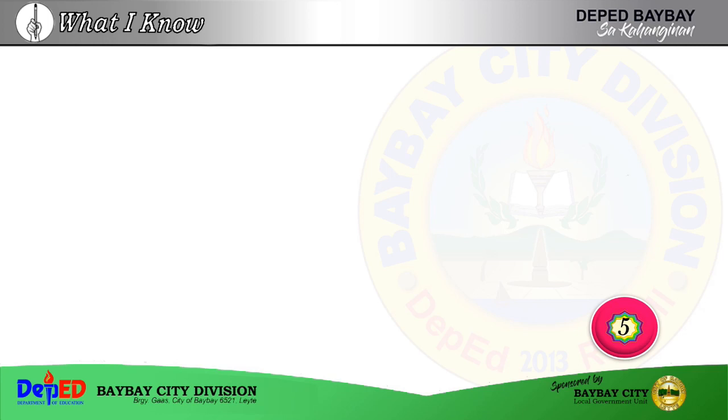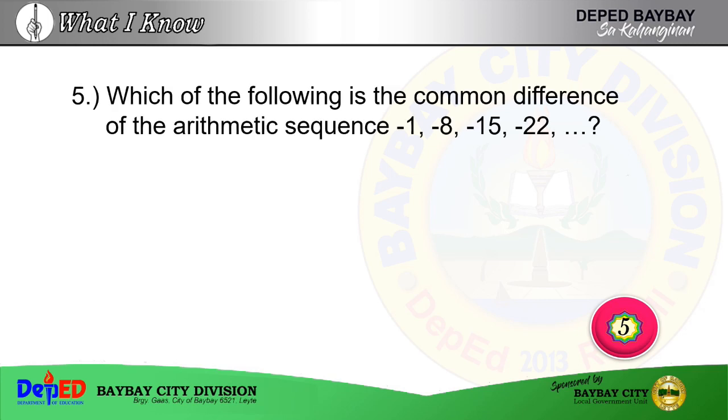Number 5. Which of the following is a common difference of the arithmetic sequence negative 1, negative 8, negative 15, negative 22? A. Negative 5. B. Negative 6. C. Negative 7.